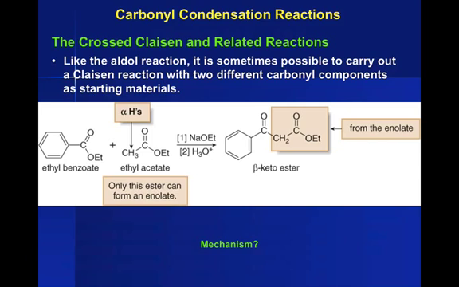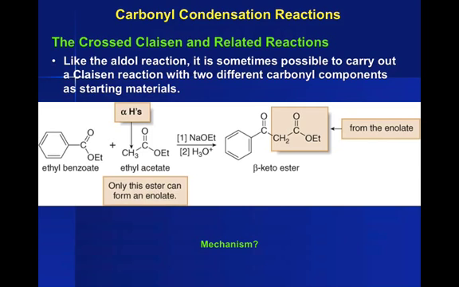What's the product? Or what's the problem? Let's start off with the problem, not the product. That's right. I have got two esters that both have alpha hydrogens, so I'm going to generate how many enolates? Two different enolates, right? I'll generate the enolate here, and I'll generate an enolate here.